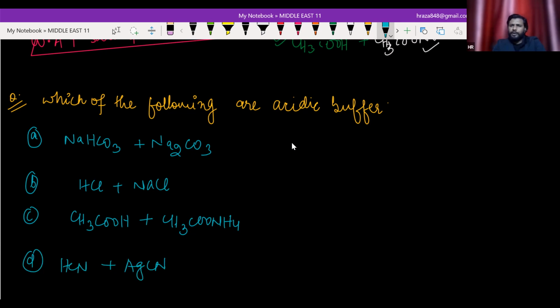Which of the following are acidic buffer? C and D. Again, check it.